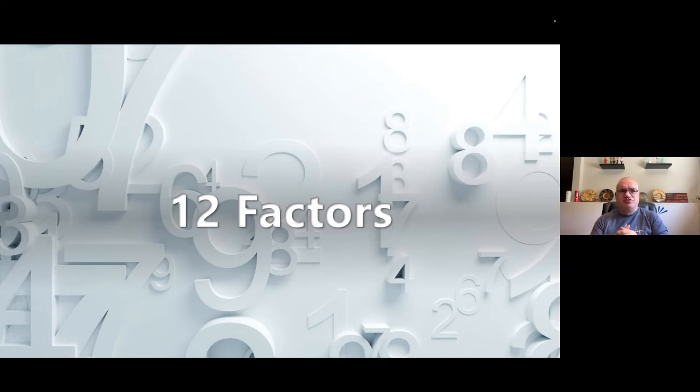And 12-factor apps really describe 10 aspects of building applications in a way that is deemed cloud native. Now, some of these may be very prescriptive and say this is what you should do. Others are more loosely defined than that, and they don't say you have to use this kind of service, but they say this general capability, right?